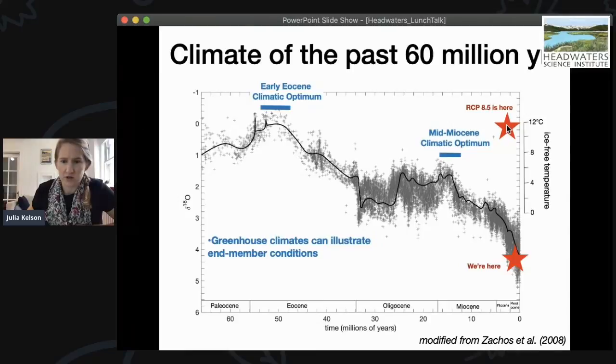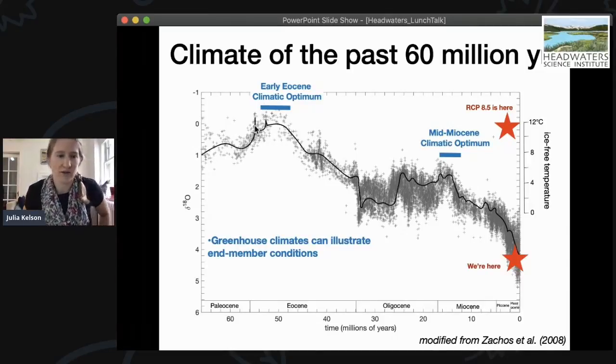This highlights this period of geologic time as a really key period to understand, because we can use it as an analog for future climate, and it can also be used to illustrate end member conditions.